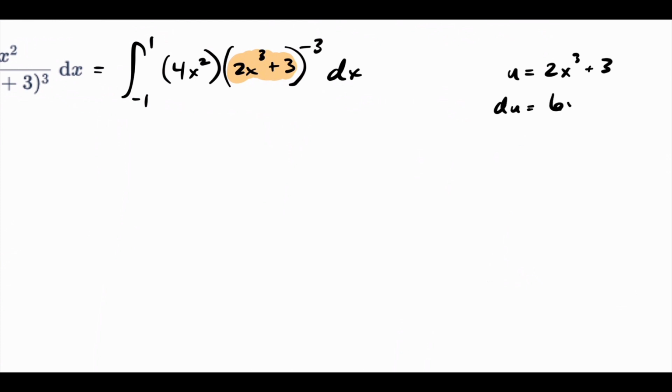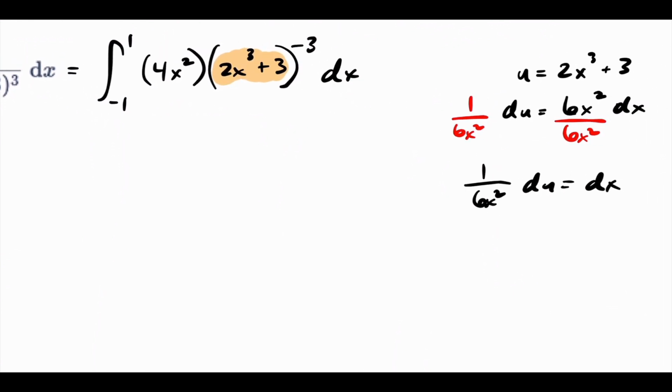du is 6x squared dx. Divide by 6x squared: 1 over 6x squared du equals dx. I haven't changed anything from what we've been doing. Now I'm going to plug in u and dx. 4x squared is going to stay.